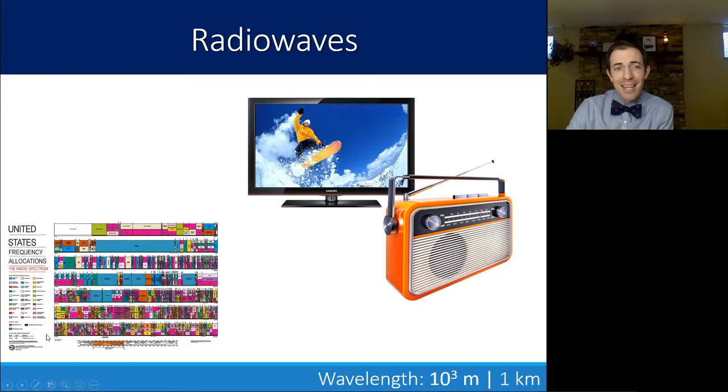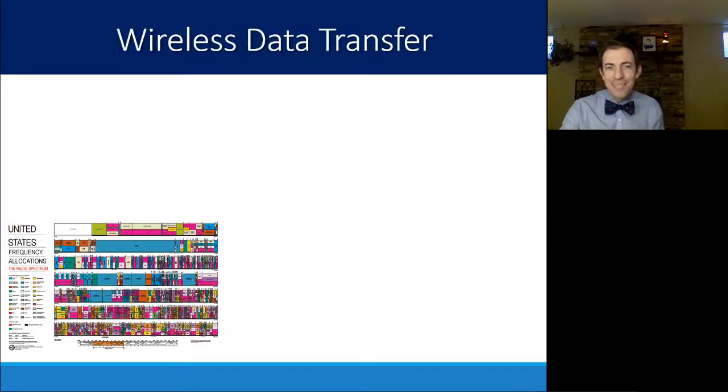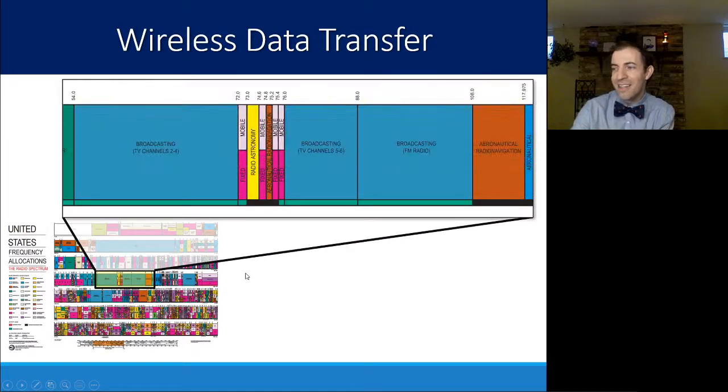The United States has a frequency allocations chart that sections off different frequencies for use in different ways. And it's pretty interesting to see some of these parts of the chart here. For example, FM radio has, it might be hard to see in the video, 88 to 108.